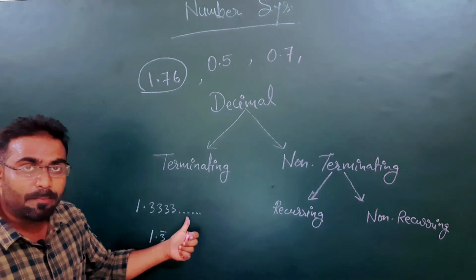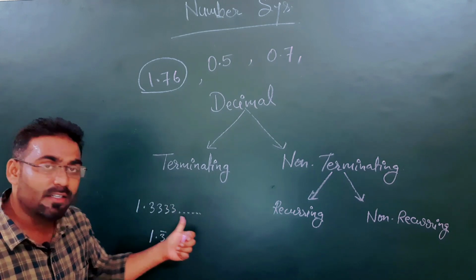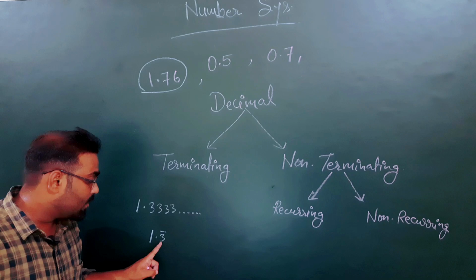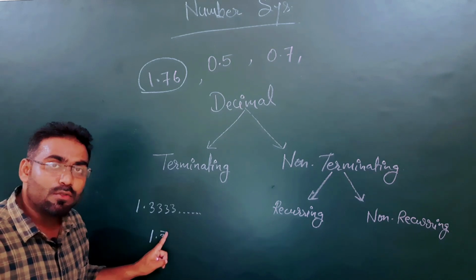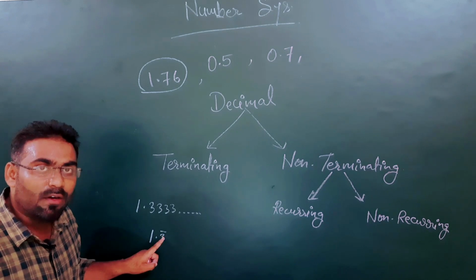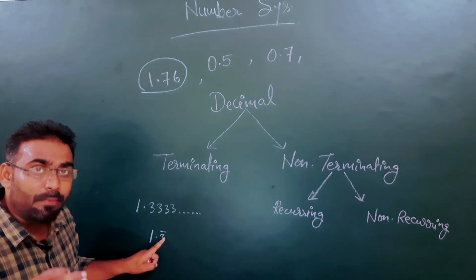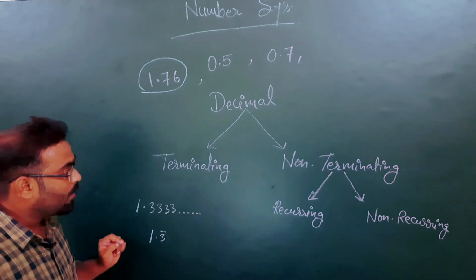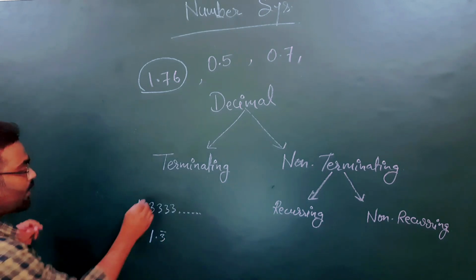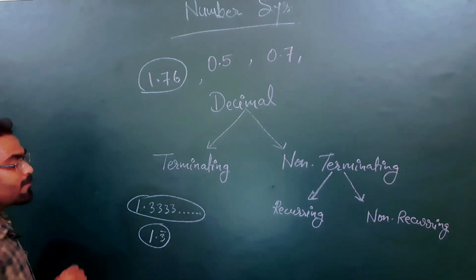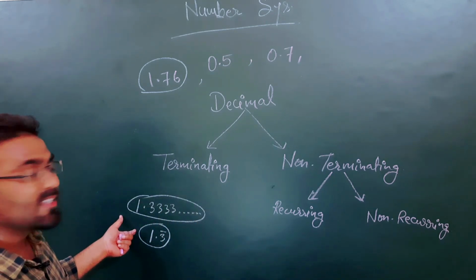This dot represents that this 3 is going to be continued, and the straight line over 3 is called a bar. When you see a bar over a number, it represents that the number gets repeated all the time. Clear? So remember this. These are non-terminating decimals.